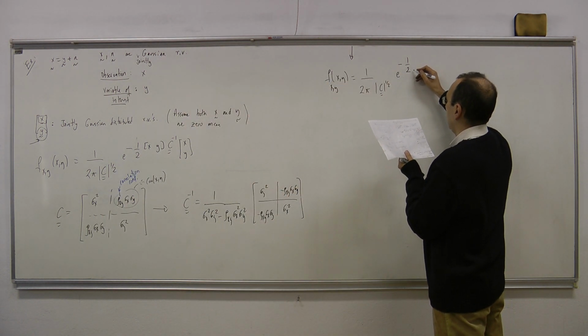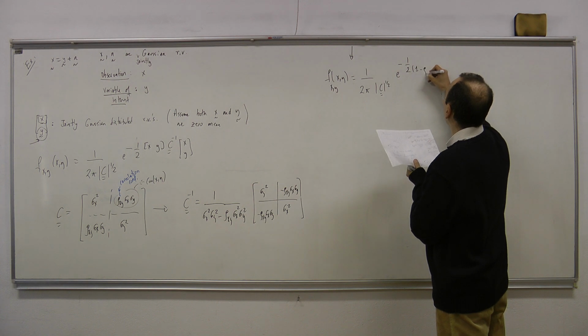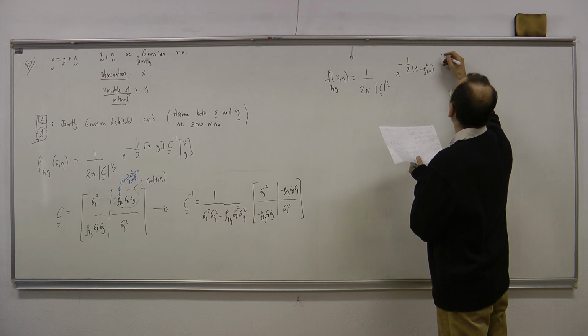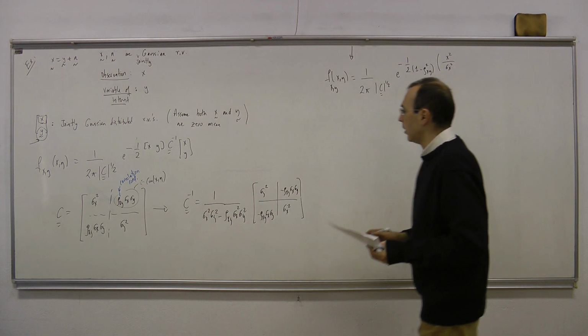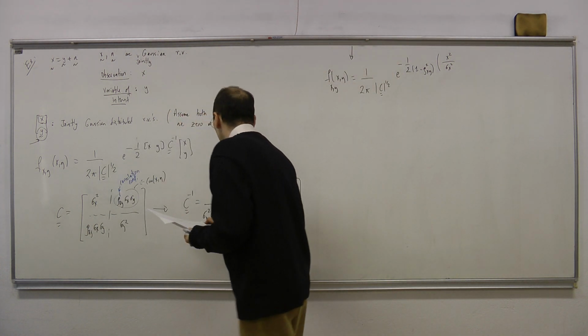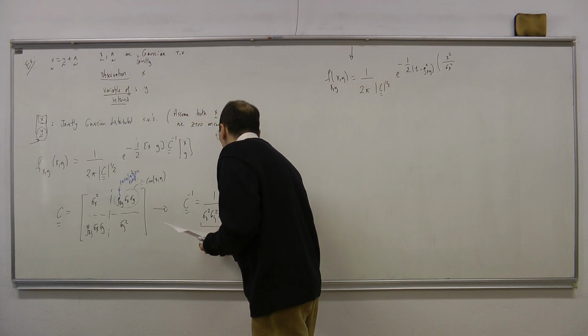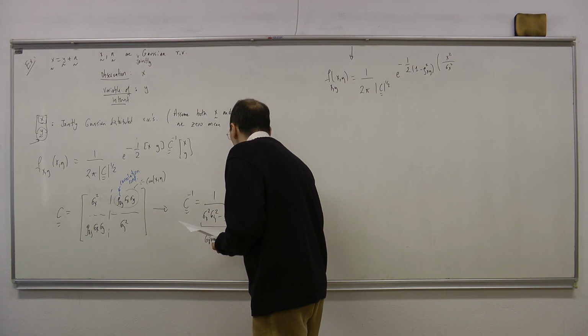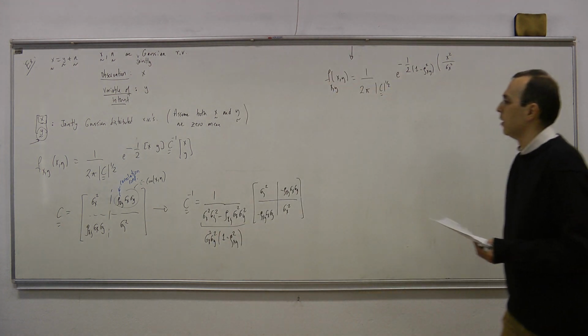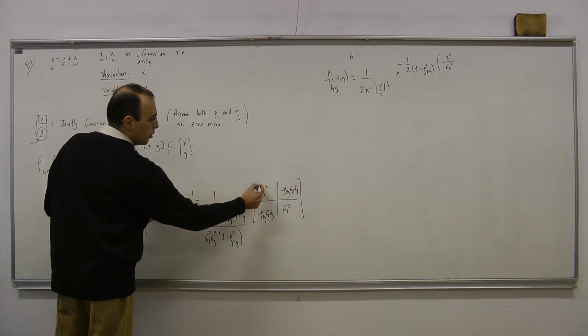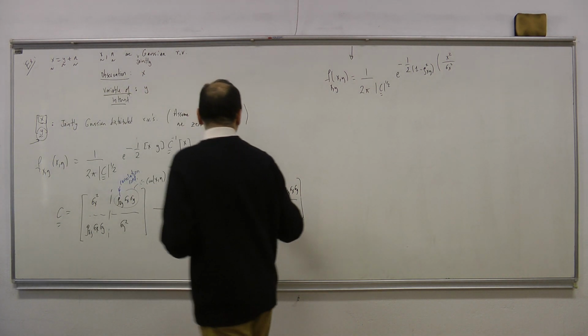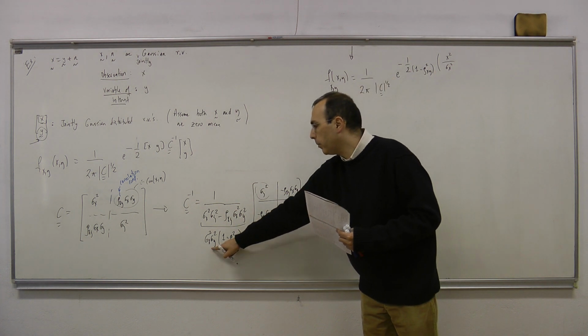Okay, so let me write this. Okay, so what's going on? So the x squared term multiplies this term of this inverse matrix.